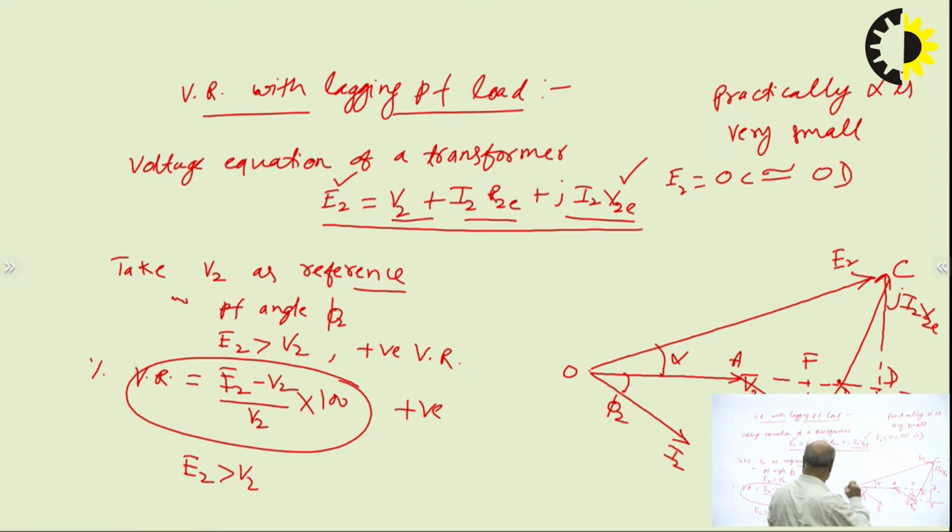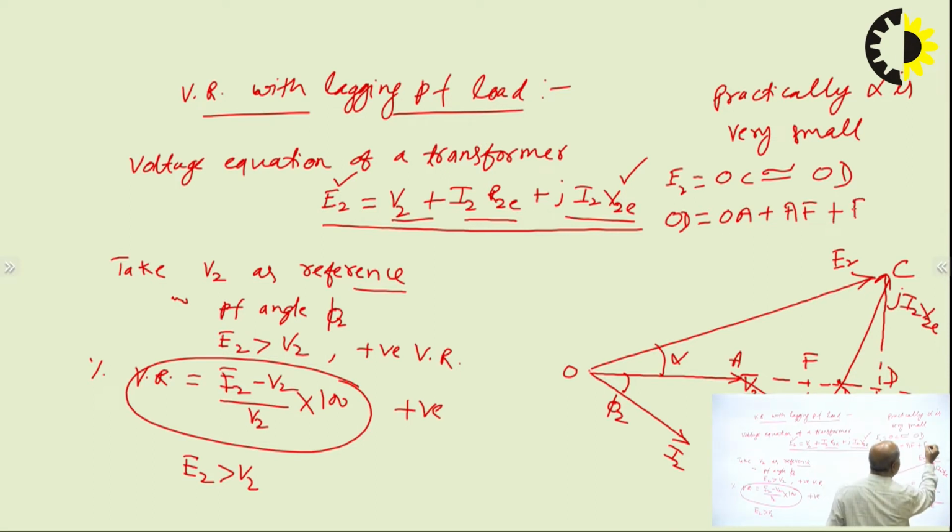How can we calculate OD? From the phasor diagram, we can see that OD will be OA plus AF plus FD. Now OD is our E2.